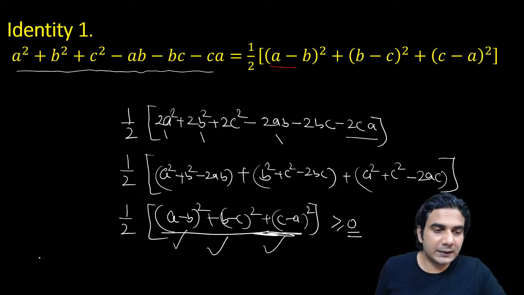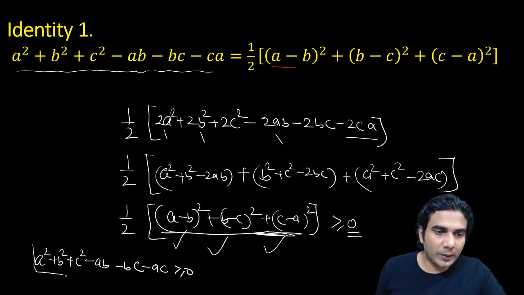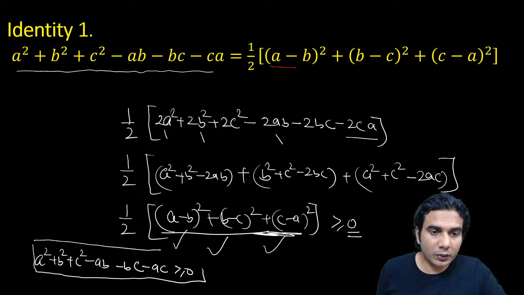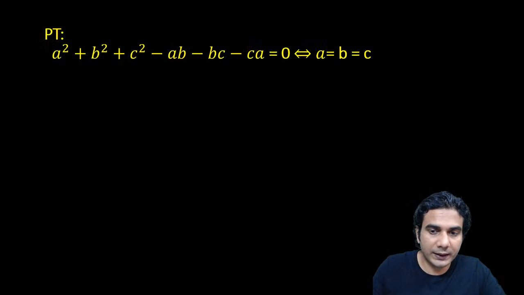So we can say the conclusion is that a square plus b square plus c square minus ab minus bc minus ca is always more than or equal to 0. I told you about this inequality, and I also told you about the equality, which I'm going to tell you in the next slide.